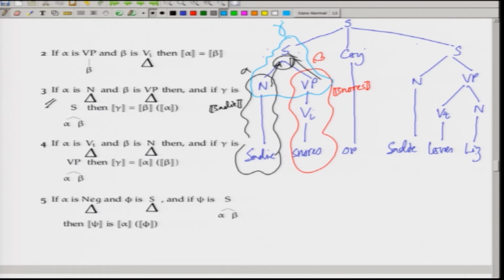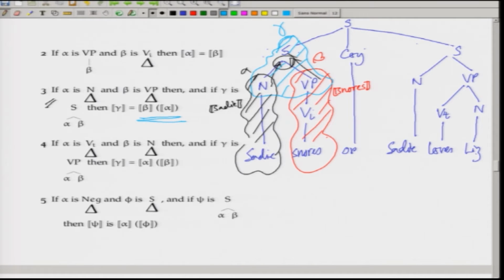If this is the case, so if this entire thing is alpha, and if this is beta, and if this is gamma, then the rule says that the reference of gamma, that is the reference of this entire node, the reference of this S goes to alpha beta, or in other words S goes to N and VP, will be this thing.